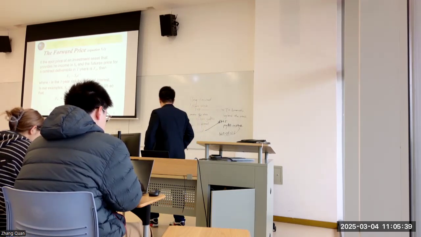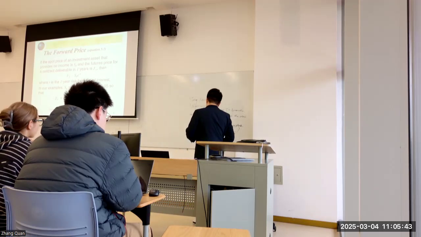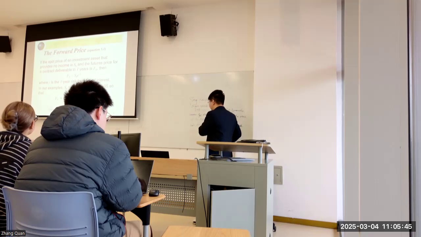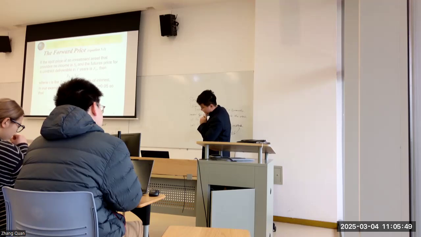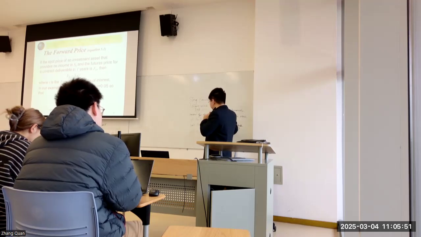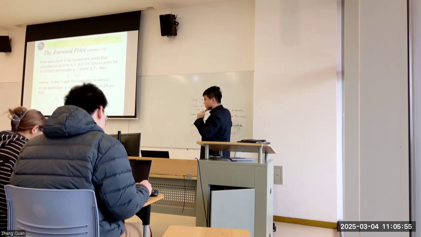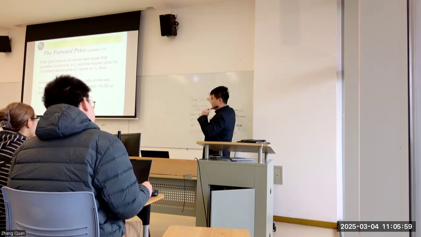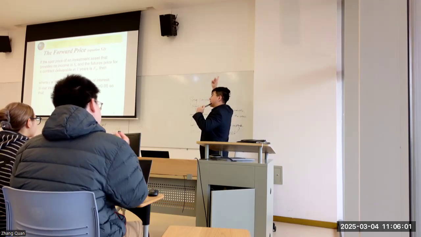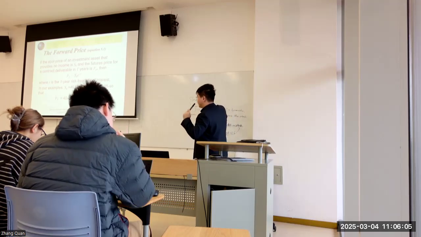For forward and futures contracts, from this example you can see that the only fair price for this forward contract is 40.5. If the forward price is lower, you can run the arbitrage opportunity like this. If the forward price is even higher than this, you can run the arbitrage in the other direction, by going long the stock and short the forward.